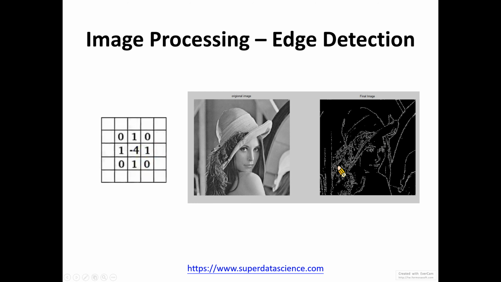And the other example is probably edge detection. In that case, we can ignore the central pixels, but try to enhance the surrounding pixels. So using this feature detection map, we can actually find the edges of these pictures. And sometimes it is very useful in image processing software.